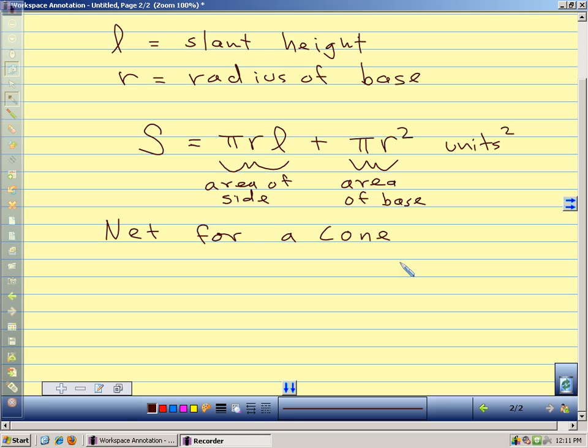And the part of the circle that makes up the base, the circumference there, is the circumference of the circle that makes up the base of my cone. So the slant height is the radius of the circle that I cut a piece out of, and the circumference of the base is the part of the circle that's left.